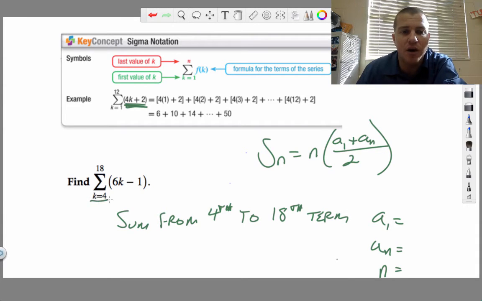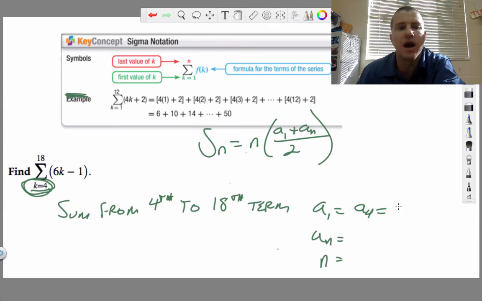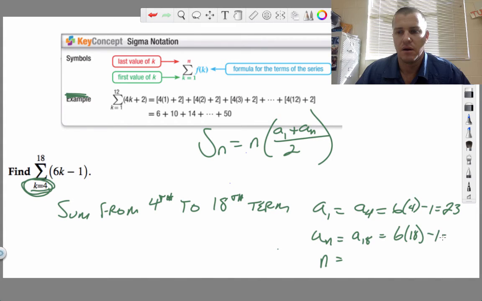In this case, I want to start with the 4th term, so this is really going to be A sub 4 from that equation. So I'm going to plug in 4. 6 times 4 is 24, 24 minus 1 is 23. The last term, I'm going to plug in 18. 6 times 18 is 108, minus 1 is 107.